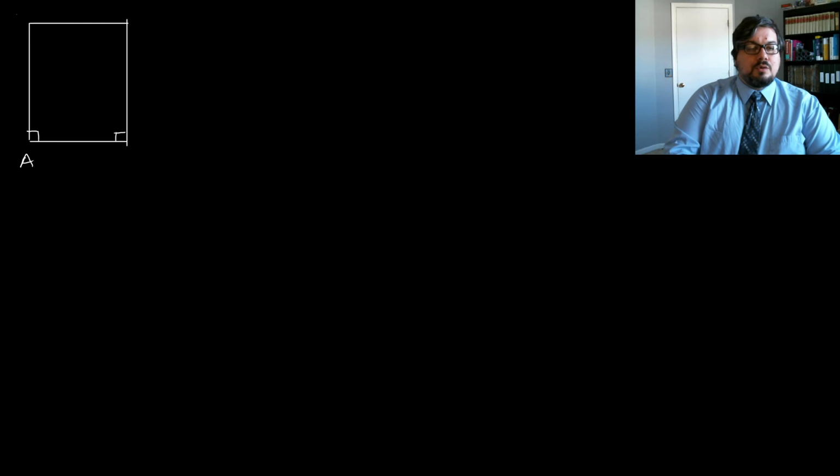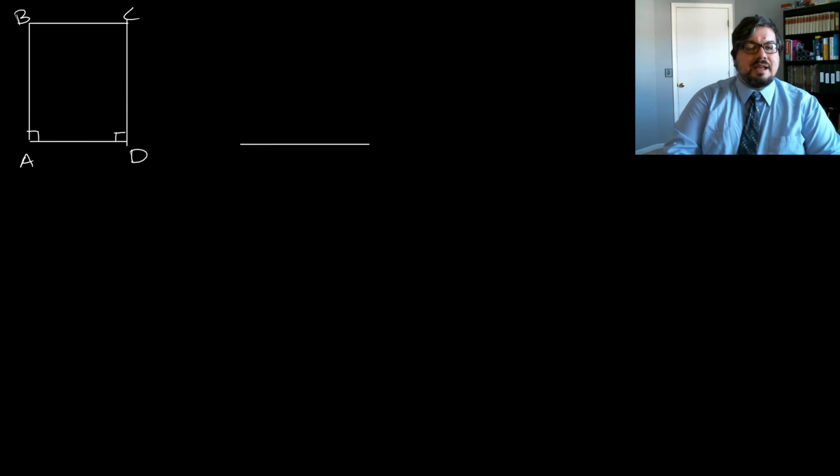So, as a quick aside, what does this mean that Saccheri quadrilaterals actually look like? Well, one possibility, of course, is that they actually are true rectangles. We could have a Saccheri quadrilateral that looks like this. That's perfectly fine.